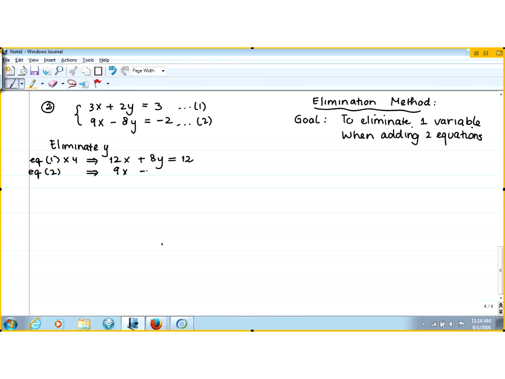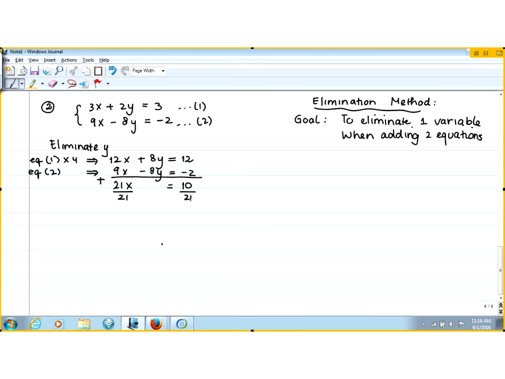The equation 2, we just copy. 9x minus 8y is negative 2. All right. Can we add now? Well, yes. So you have 1 plus and 1 negative, the same coefficients, opposite signs. So we could add: 21x is equal to 10.